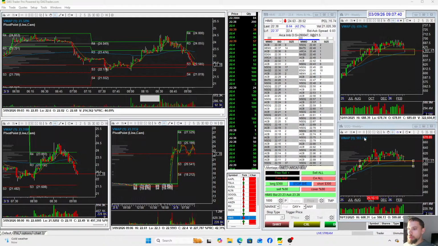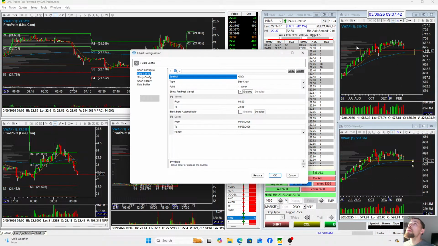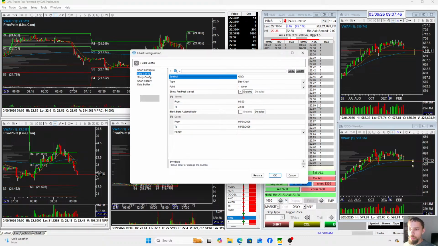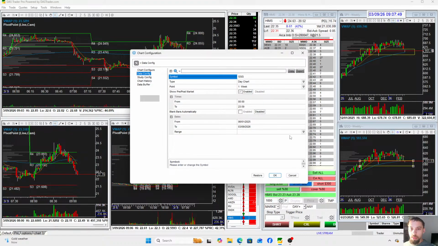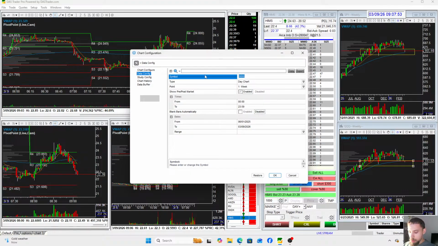Okay, let's go back here. Set these levels up on this little mini chart. I gotta figure out why it won't let me upload data on that bigger chart. So let's do it on this little one here.